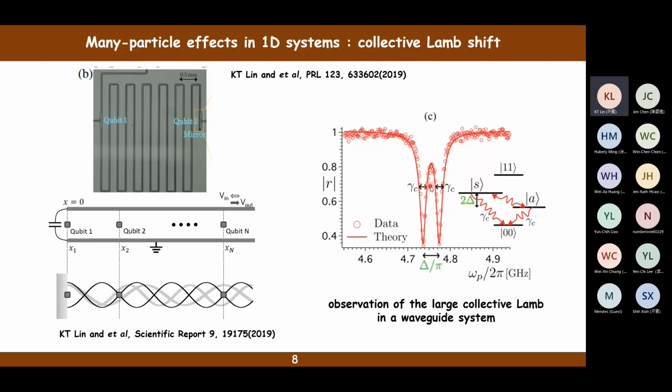I also want to stress that this kind of system is different from an optical cavity, because in the cavity case the atoms are always coupled to a single mode. But in this kind of architecture, we can have a standing wave profile, and we also need to consider a continuum of modes of the environment.